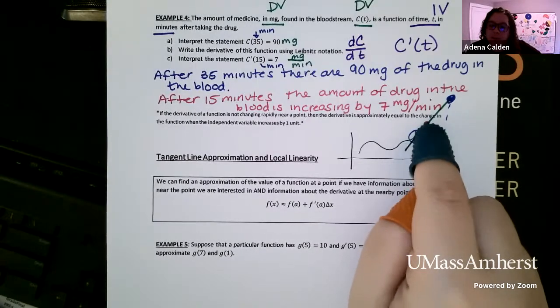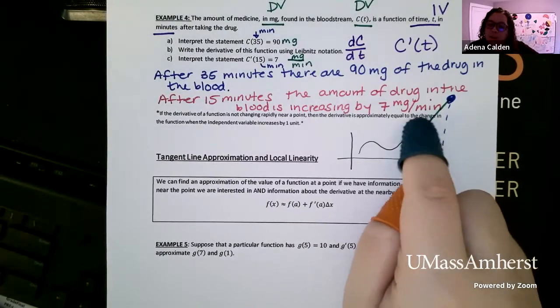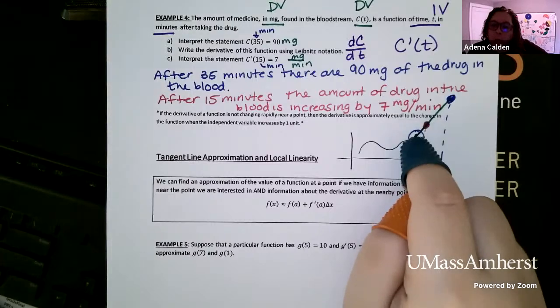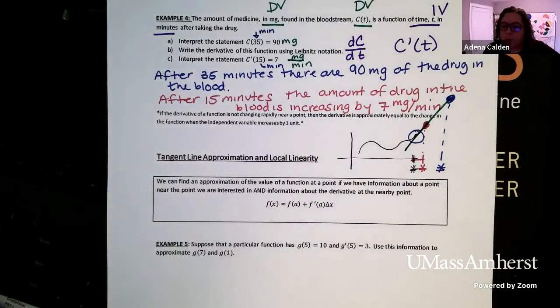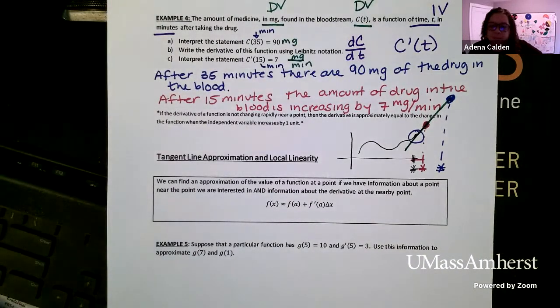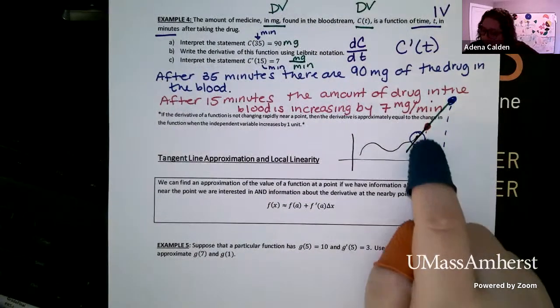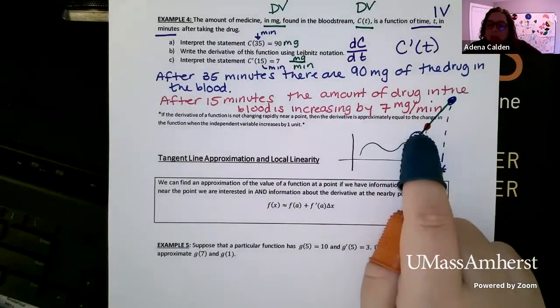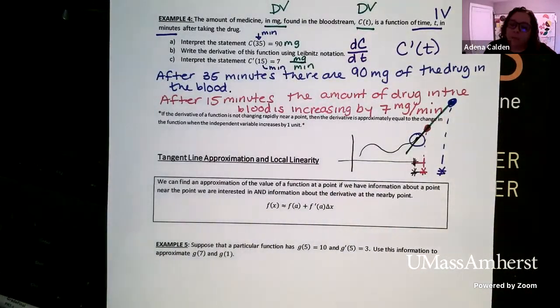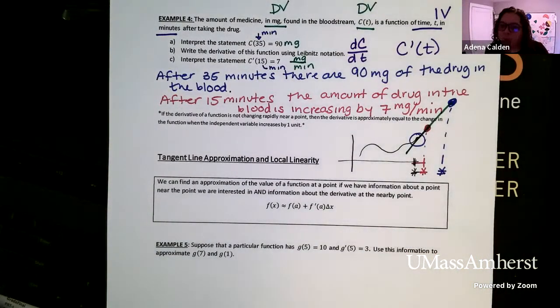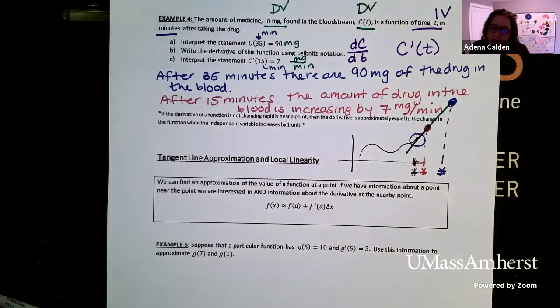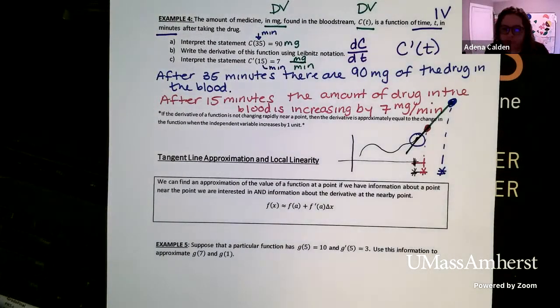They're near each other, so we can use what we know to approximate what we don't know. The two things we need are information about a point, so the actual functional value, as well as information about the derivative, so how quickly we are changing. If we have the functional value and the derivative, then we can do this approximation.